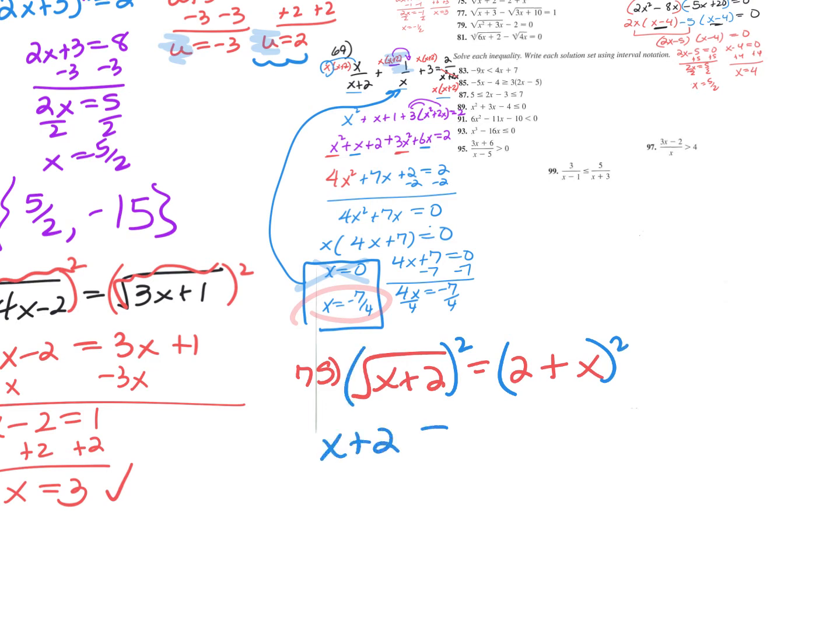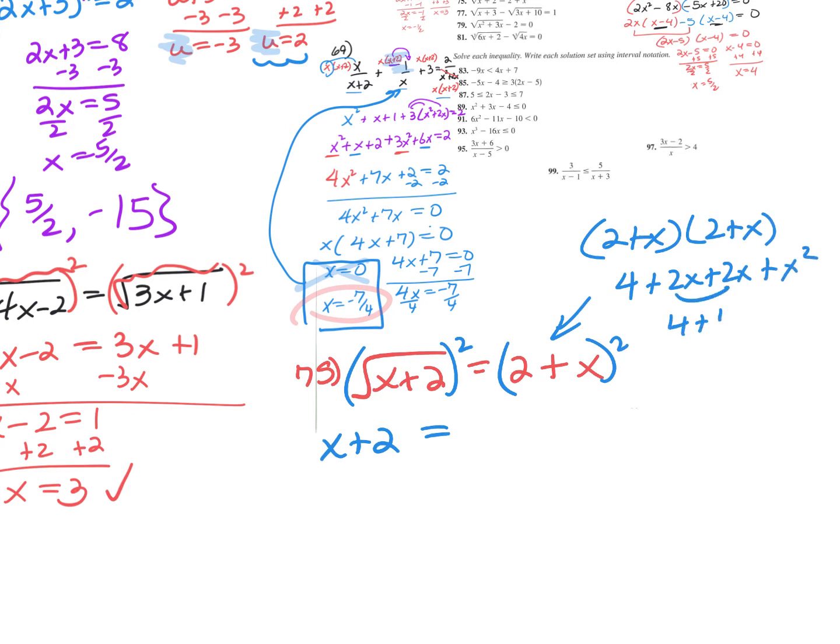So the left side just comes out. But over here, this side, I'm really doing this. And you either write it twice and FOIL it, or you memorize the pattern. So if you don't memorize the pattern, you get first, outside, inside, last. Combine those guys.